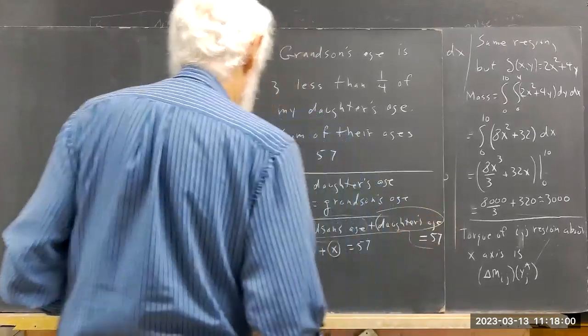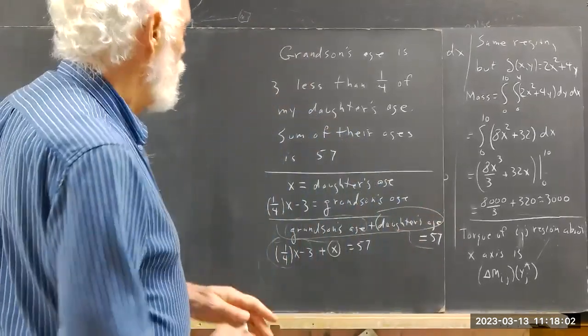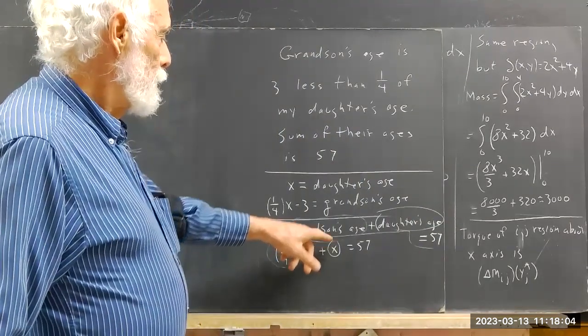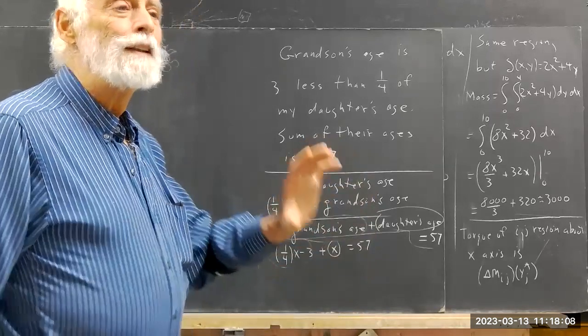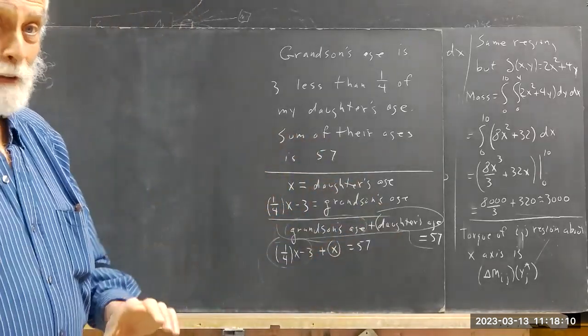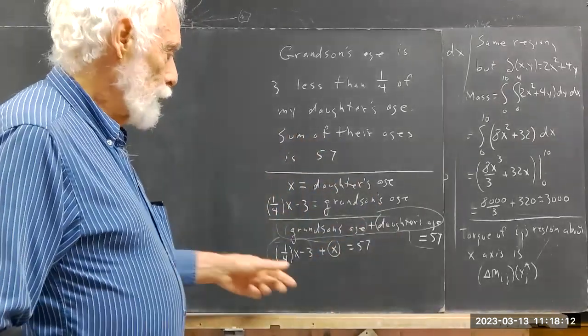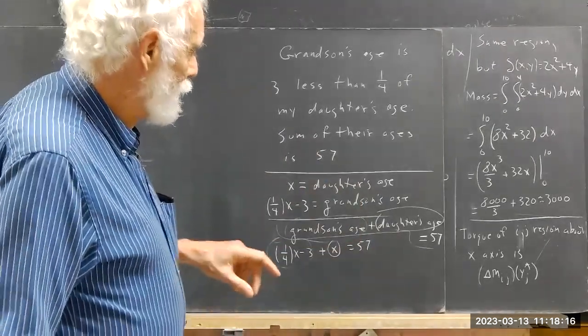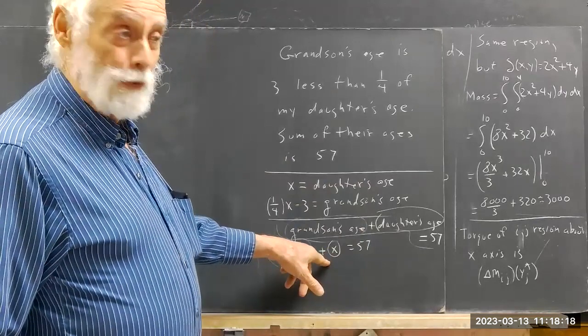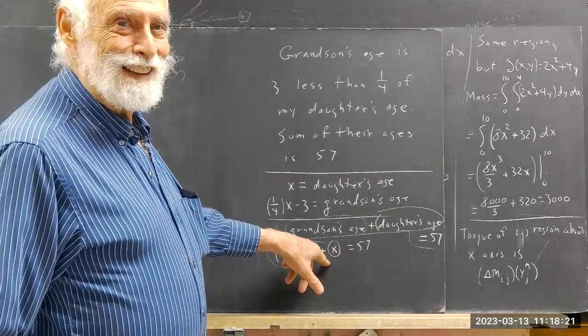In one paper, I saw 1/4 X minus 3 plus X over 4. Okay, it's real easy to make that sort of mistake. You did a 1/4 X here, you can do an X over 4 there, without stopping to think that no, my daughter is not 1/4 of her age, she is her age, okay?